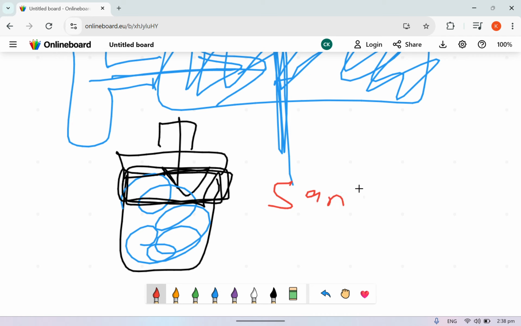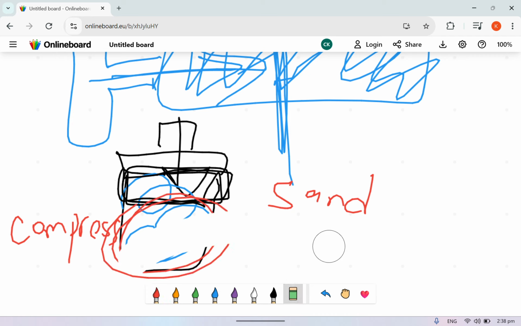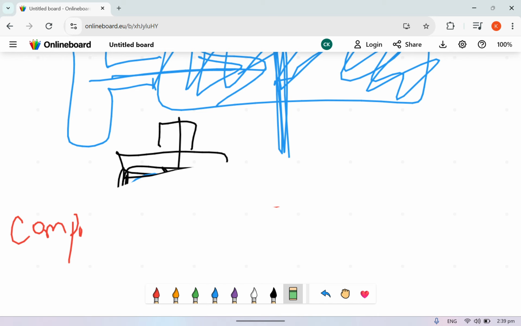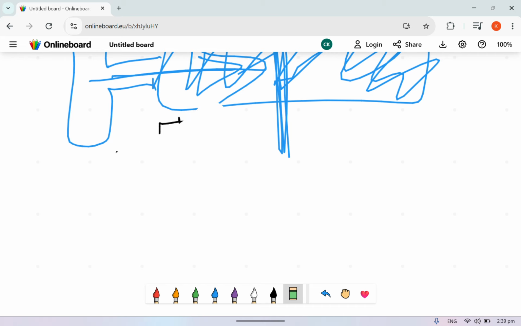Sand is solid. If I fill it with sand, you notice I can hardly compress it because it's so hard. It cannot be compressed. But if it's air or anything in gaseous state, I push it down, you realize that I can actually push it down a little bit because it can actually be compressed. So notice how I can actually change the volume of the air. Alright? So that is literally why air does not have a fixed volume. I mean, sorry, not a fixed volume.